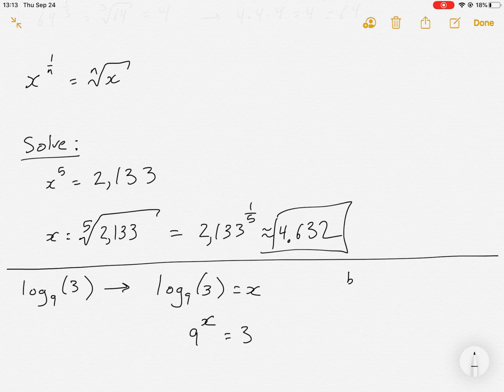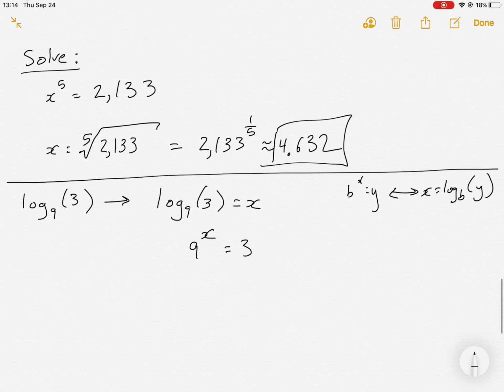So I'm using this definition. If I have b to the power of x equals something like y, this is the same as x equals log base b of y. And these x's and y's just represent anything. They could be switched, they could be different letters, they could be numbers. But the point is that if you're following along here, everything has the spot that it needs to go. So x is really the exponent for 9.